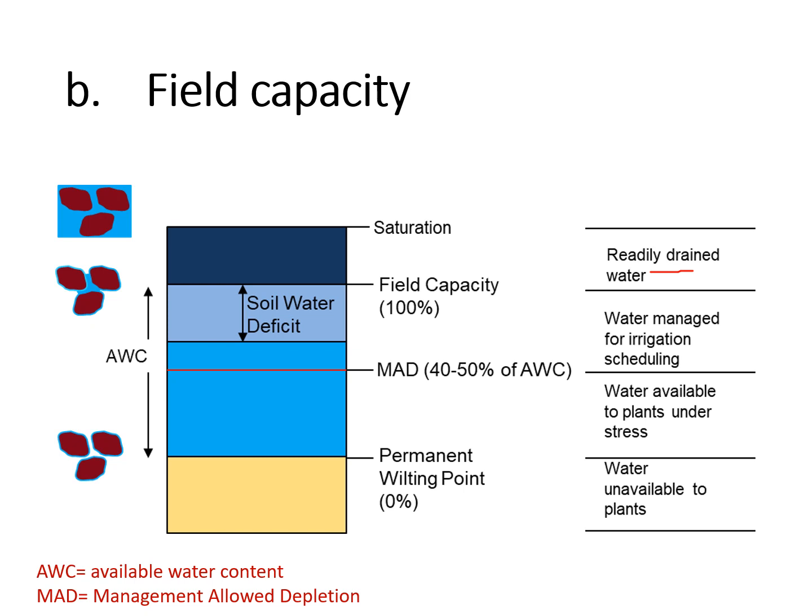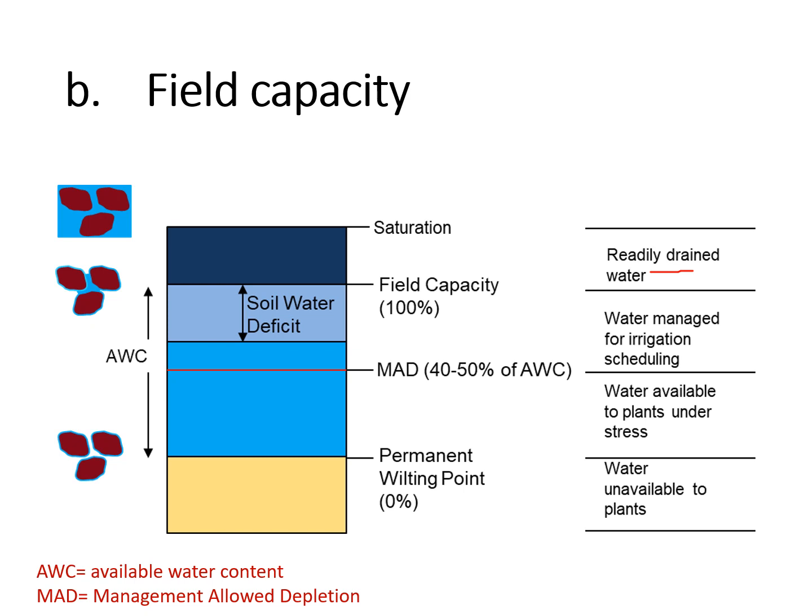And then there is a term, MAD, management allowed depletion. It means that while managing water, you can deplete up to this stage, but not below that. That is around 40 to 60, 50% available water content, AWC.